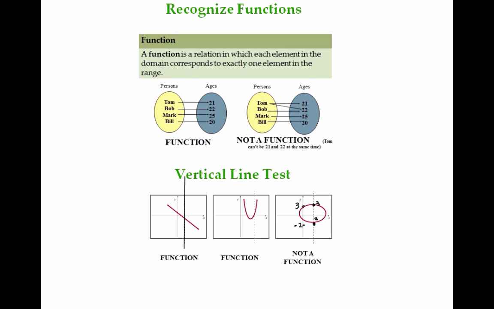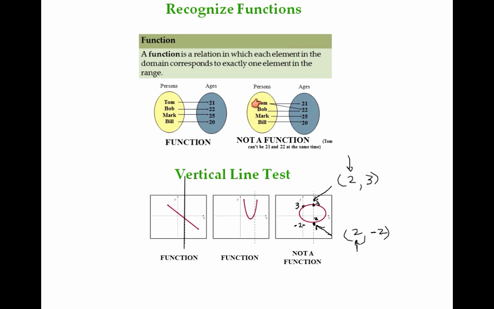I'm just making up numbers right now. These are not real points. But if I write these two points as ordered pairs, they would share the same x, which I assume is 2 now. The number 2 from the domain maps to different numbers in my range. That's what happens when you fail the vertical line test.